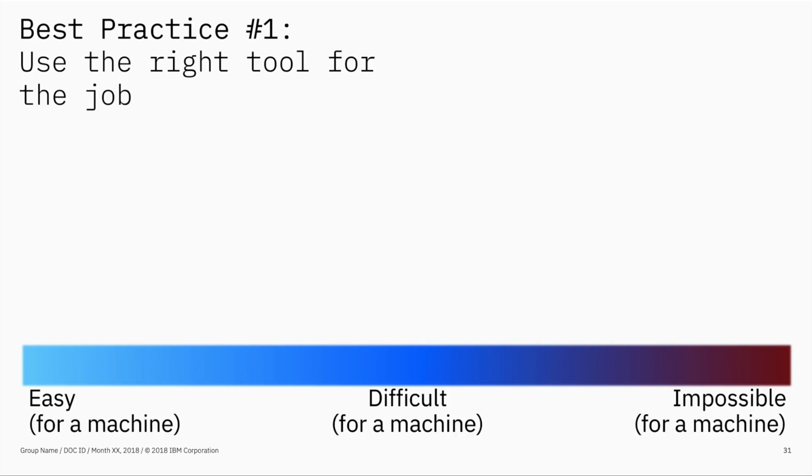At the easy end of the spectrum, you'll have things like add up 1 million numbers to find this year's revenue numbers. That's super easy for a computer, maybe a little hard for a person, but super easy for a computer to conceptualize and run that program correctly.